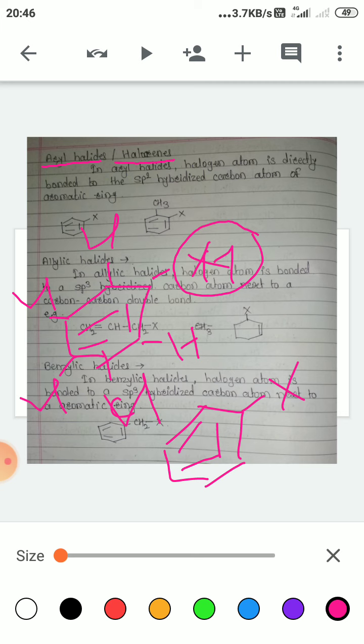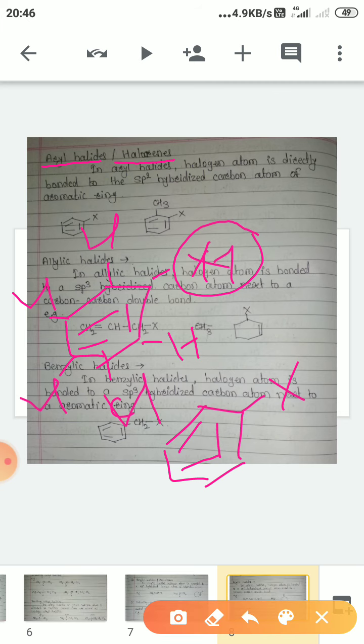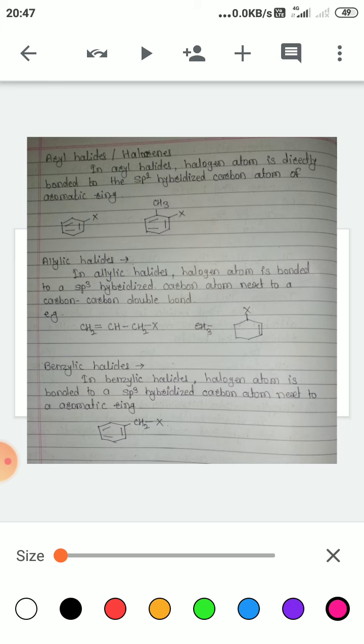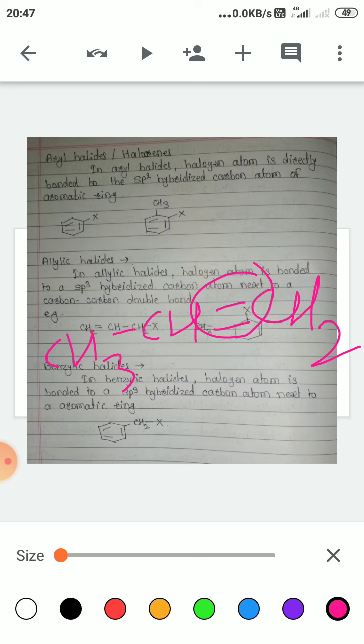Okay, now next we are going to see allylic halides. Now what are allylic halides? Here in allylic halides, the halogen atom is bonded to an sp3 hybridized carbon atom which is next to the carbon-carbon double bond. Now if we consider propene, that is CH3 CH double bond CH2, here this is the carbon-carbon double bond.